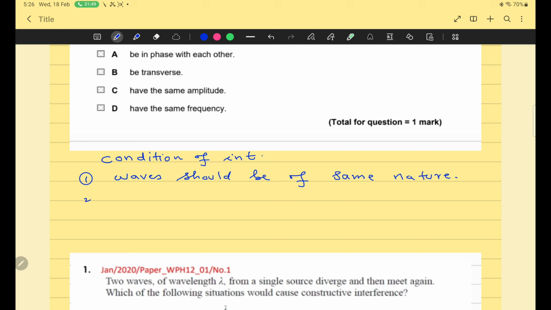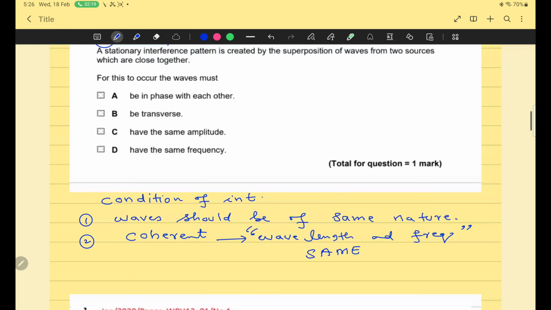Number two, waves should be coherent. What is the meaning of coherent? Coherent means their wavelength and frequency should be the same.